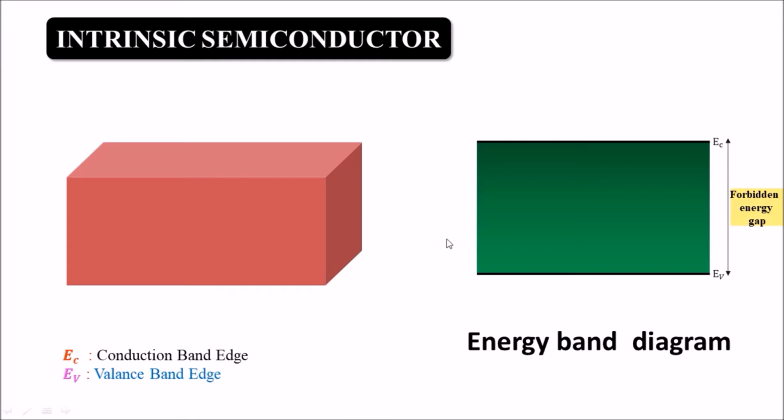The property of this intrinsic semiconductor is that at 0 Kelvin temperature, all the electrons will be in the non-excited state and they will stay in the valence band here. If we apply a little amount of thermal or optical energy, then they will get excited and cross this forbidden energy gap.